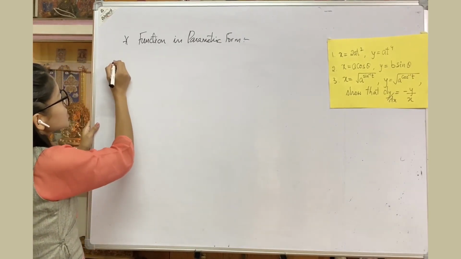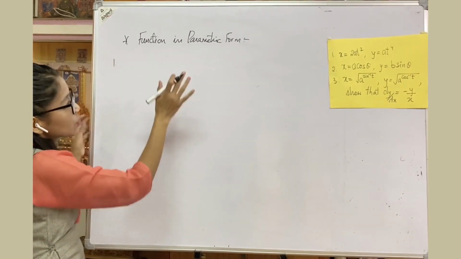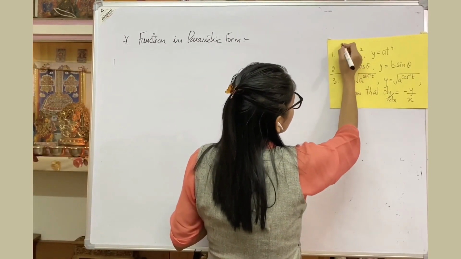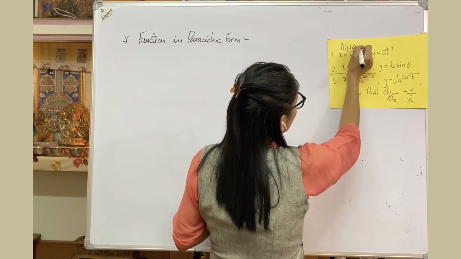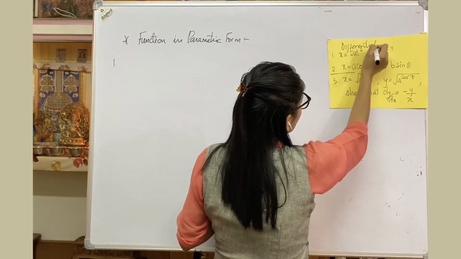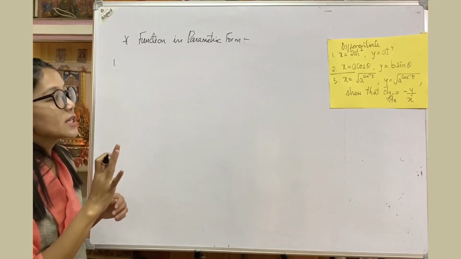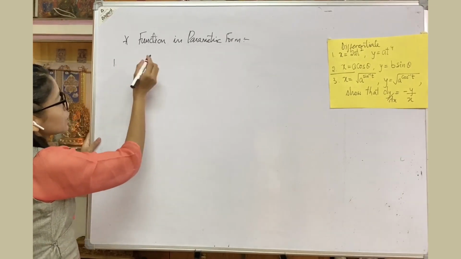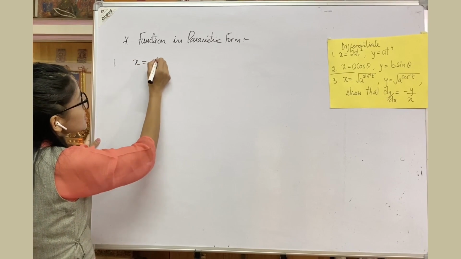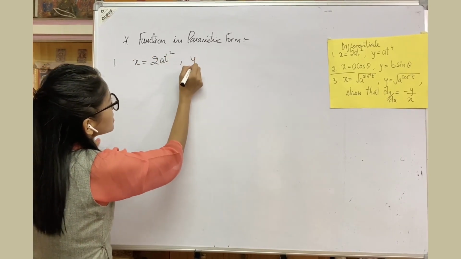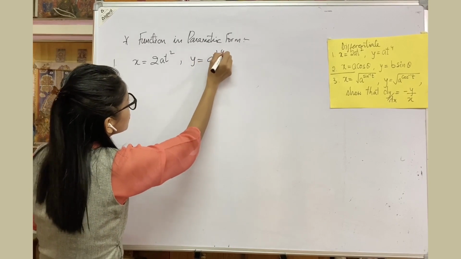Now in these three questions, the first and second are of the form: differentiate these two functions. So question numbers 1 and 2 are alike, and 3 is slightly different. For question number 1, your x is 2at square and y is at raised to 4.